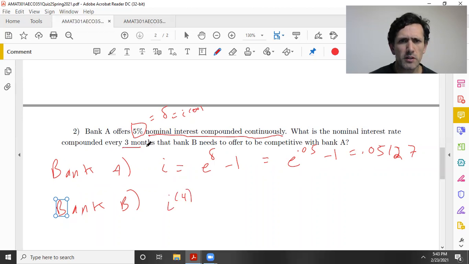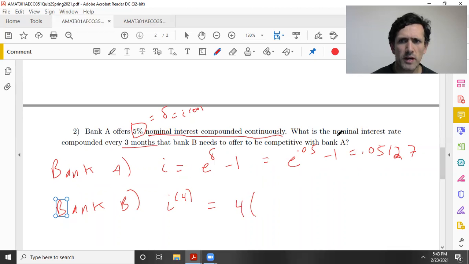Every 3 months corresponds to 4 times a year. There are four 3-month periods in a 12-month year. So just plug into the formula, using I as 0.05127. So it's I4.